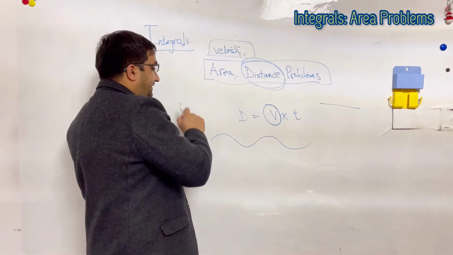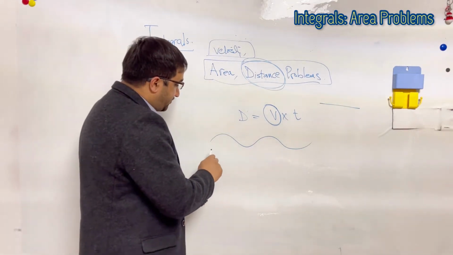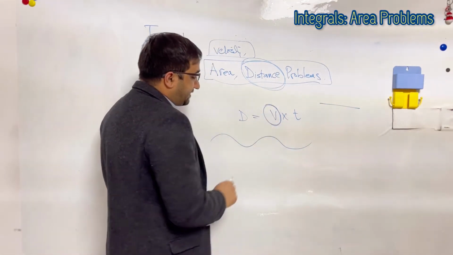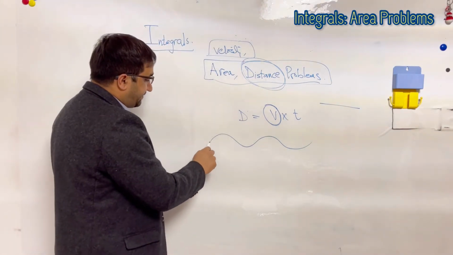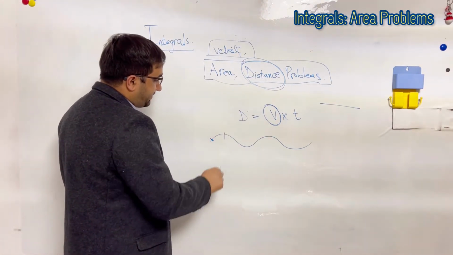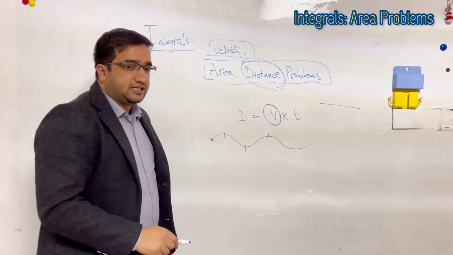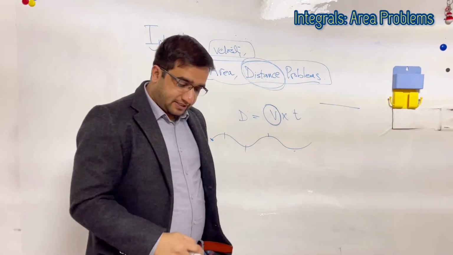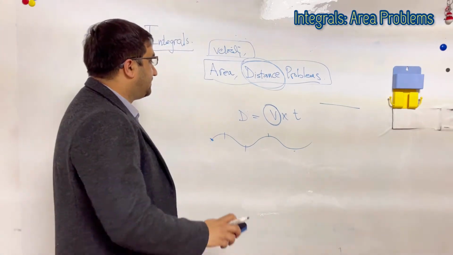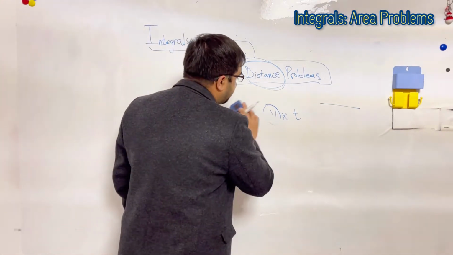Now in the case of integrals, we are actually struggling with this kind of fluctuation. Sometimes the value is smaller, sometimes it's bigger, sometimes again smaller, bigger, smaller, bigger. So variation. Similar is the case with the area.